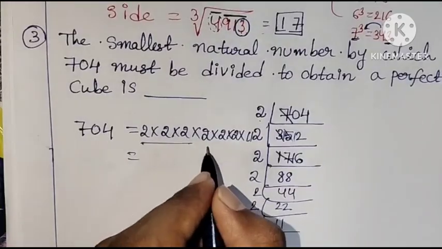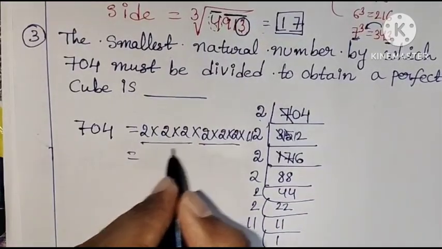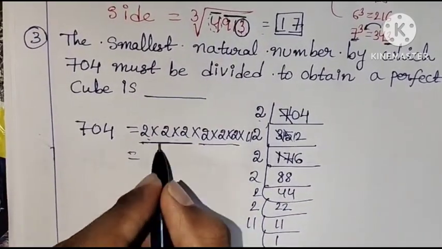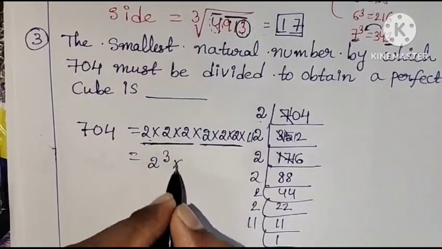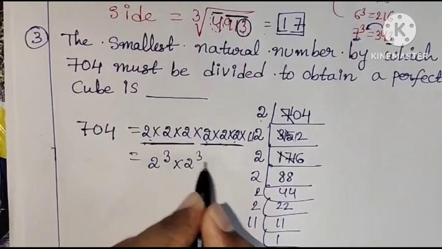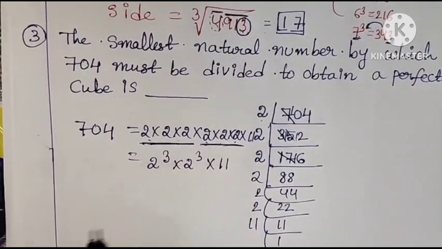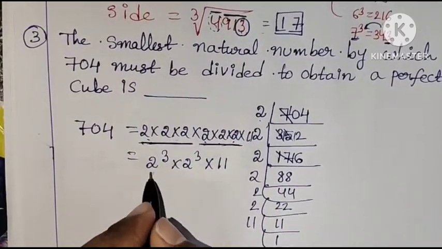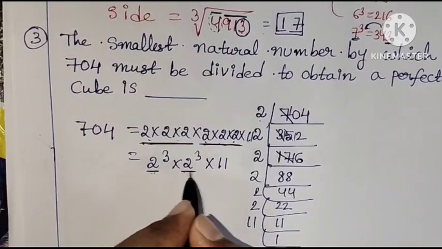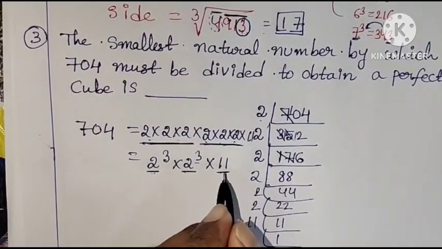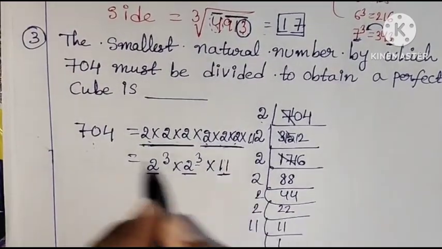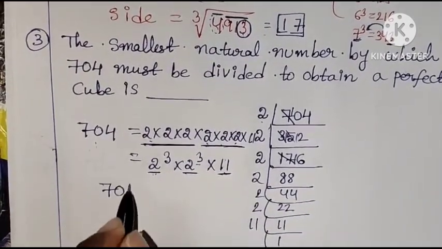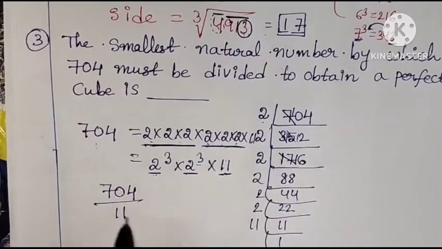So make groups of 3 equal factors. See, 2 into 2 into 2, 2 cube. 2 into 2 into 2, 2 cube. And 11. Now here 2 repeats 3 times. Here 2 repeats 3 times. Here 11 repeats only 1 time. To make 704 a perfect cube, we have to divide this 704 by 11.